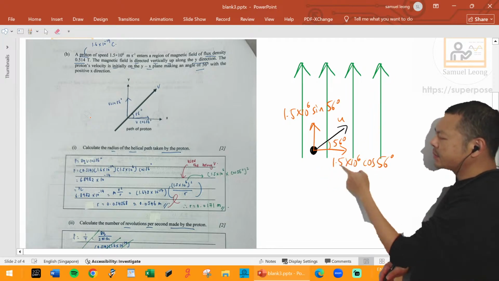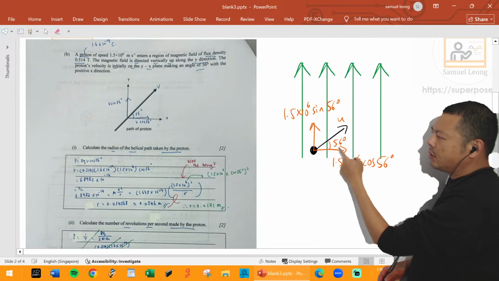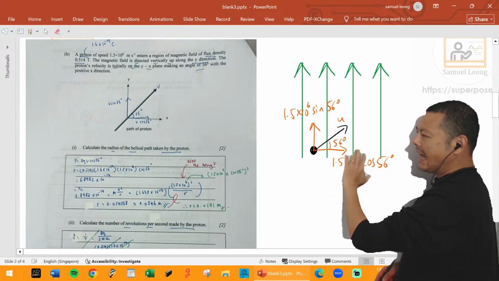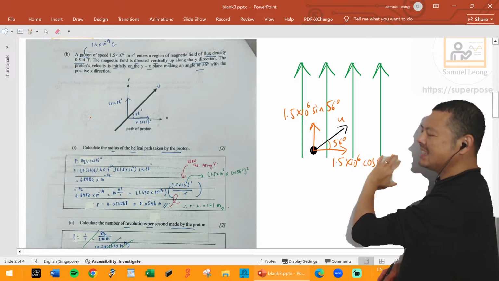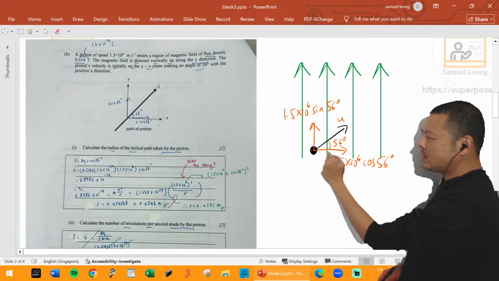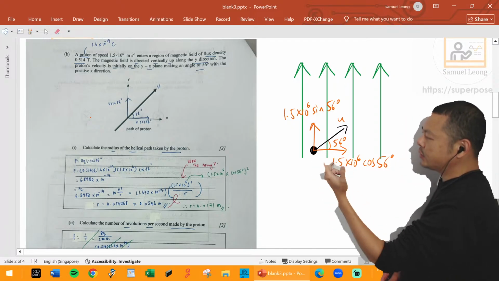So you have to realize that the vertical component of this proton does nothing for the circular motion. This proton will experience a circular motion.